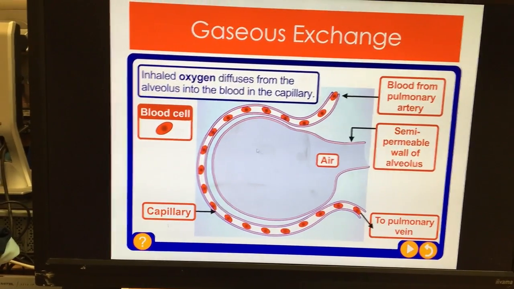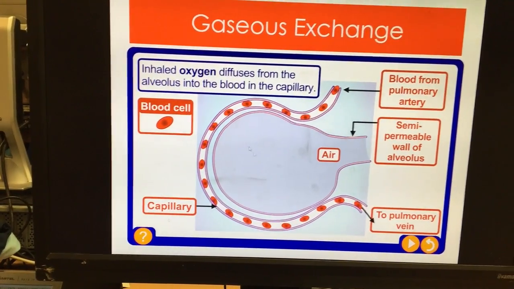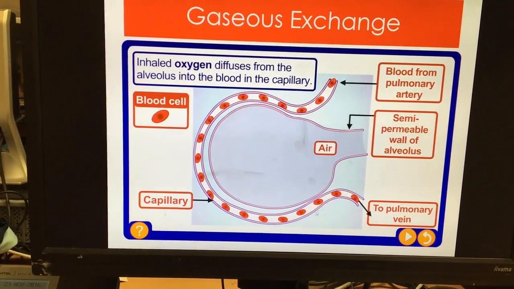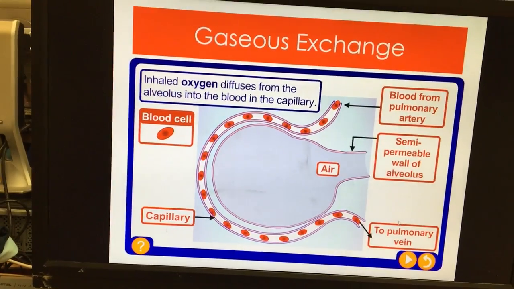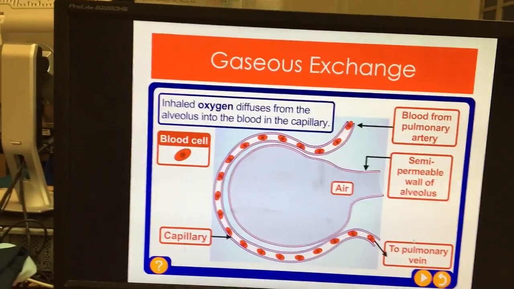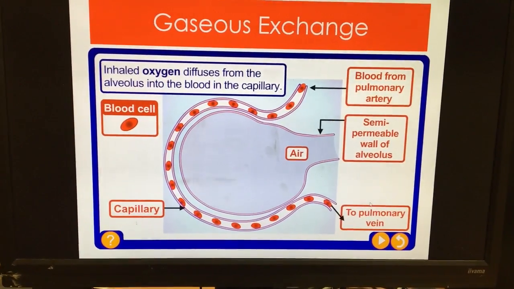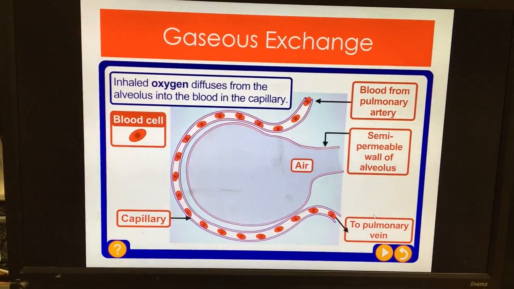Okay, so now the blood is oxygenated. What will happen is the blood will carry that oxygen off to the muscles and the organs to be able to fuel them for whatever they need to do.